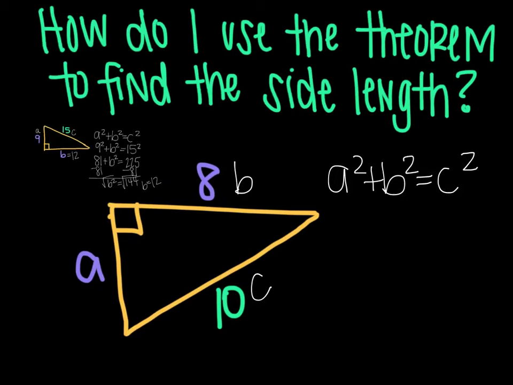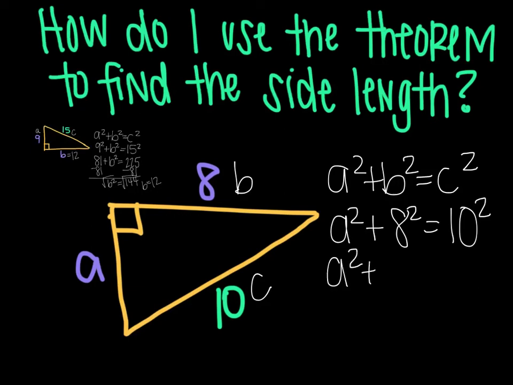So a squared is unknown, b squared is 8 squared, and then c is 10 squared. So a squared plus, and then 8 squared is 64 equals 100.